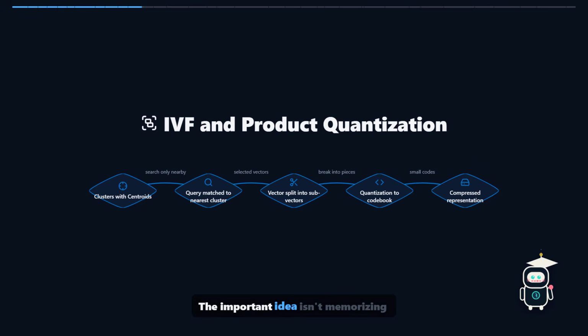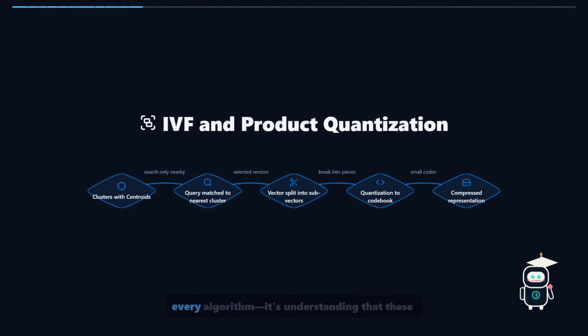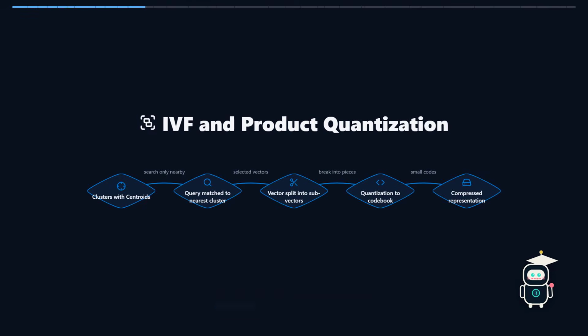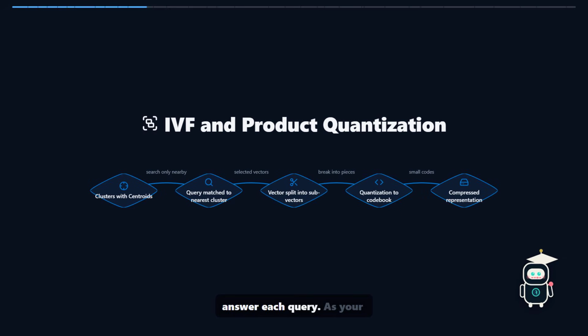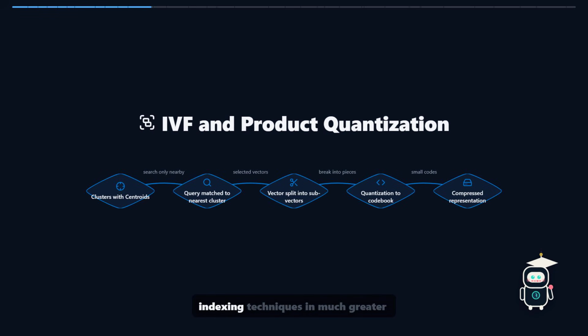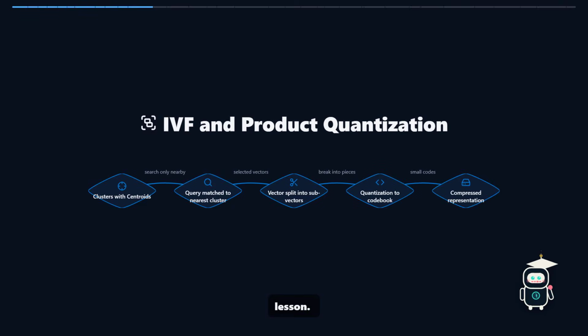The important idea isn't memorizing every algorithm. It's understanding that these indexing strategies dramatically reduce the amount of work required to answer each query. As your datasets grow, these optimizations become the difference between waiting several seconds and getting relevant results almost instantly. We'll explore these indexing techniques in much greater depth in a future advanced lesson.